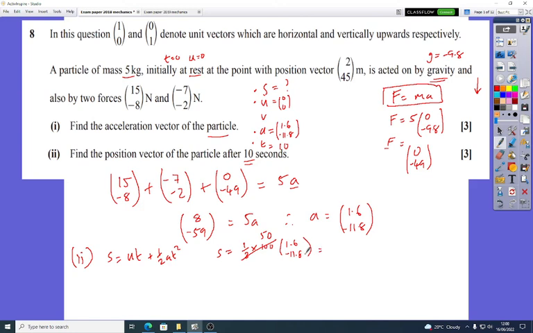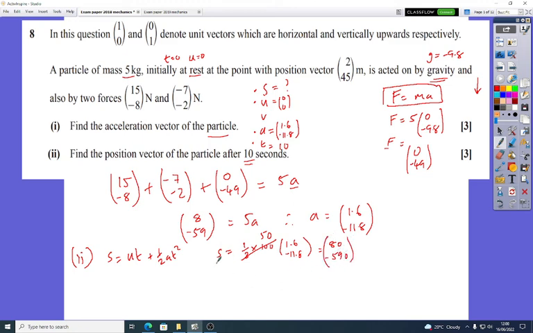So 50 times 1.6 is going to give me 80. And 50 times minus 11.8 is going to give me minus 590.